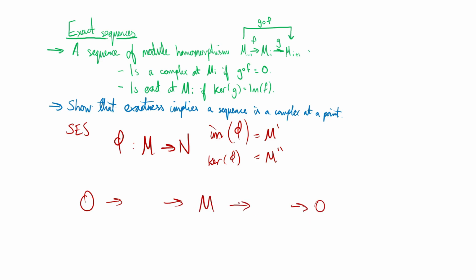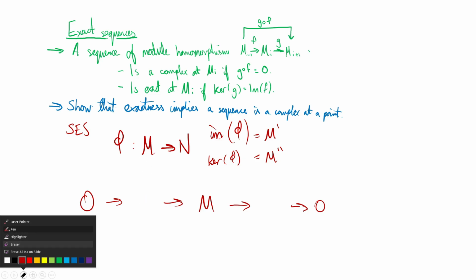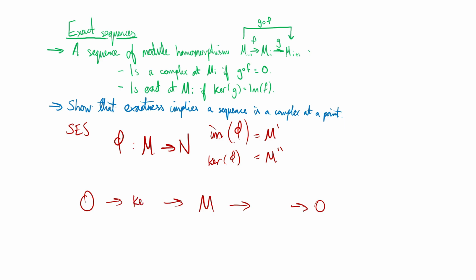I now need to remember which direction things are. The kernel is actually a subset of M. So let's do that. This is a short exact sequence. Given any homomorphism of modules, we have a short exact sequence.